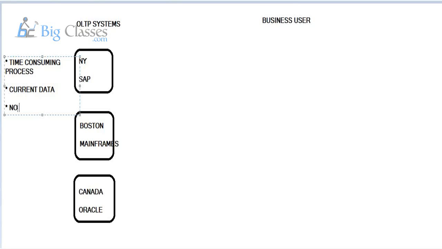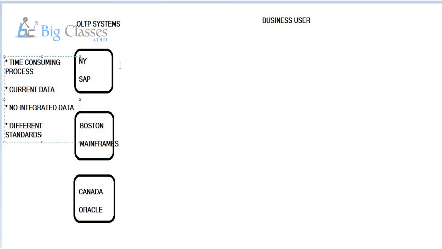And different standards are present in each OLTP system. Different standards in the sense, let us say in this source system, for a gender column, it could be male, female.